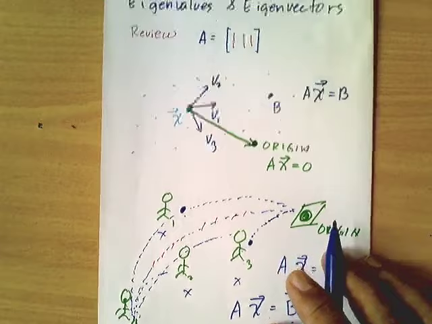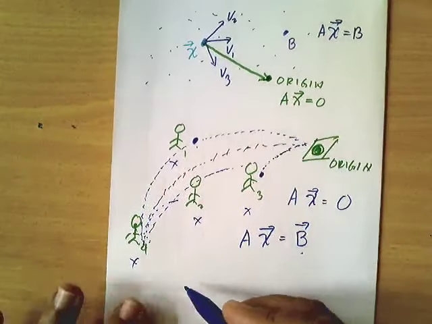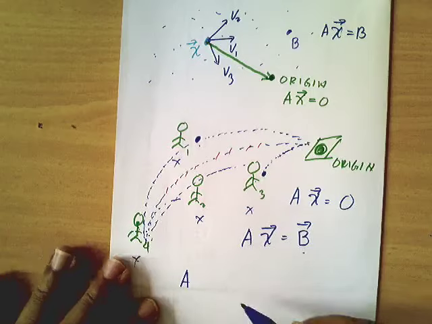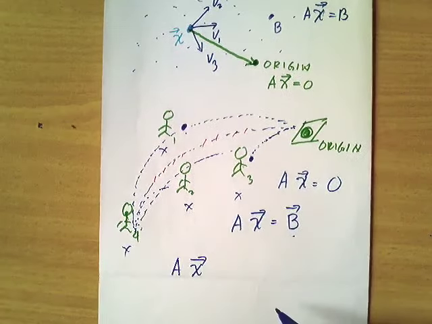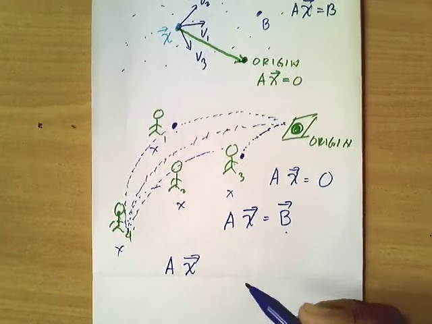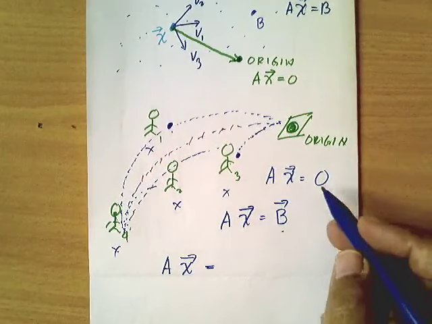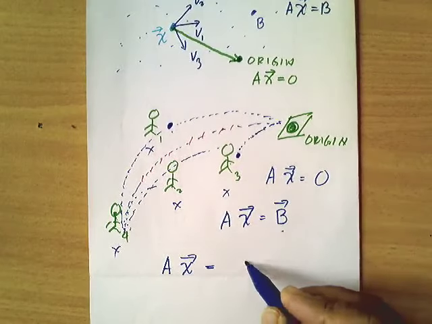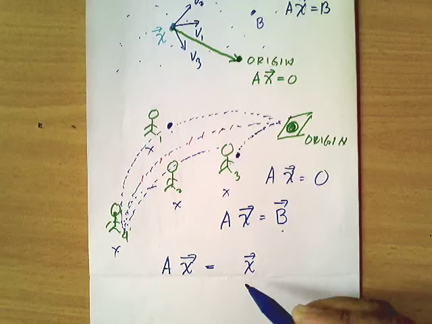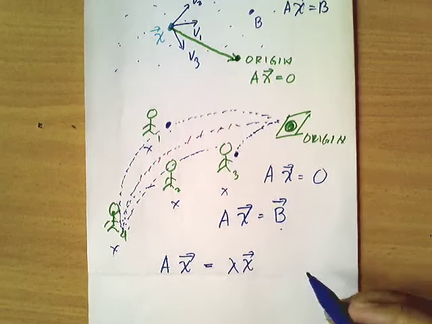In eigenvalues, if A transforms the vector x, we are interested in the set of x that is not the origin, not any point, but vectors that will go in the same direction as the initial one.